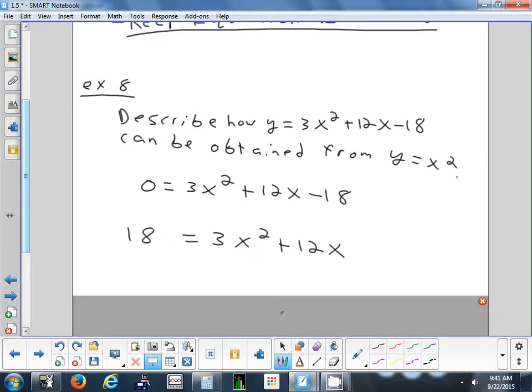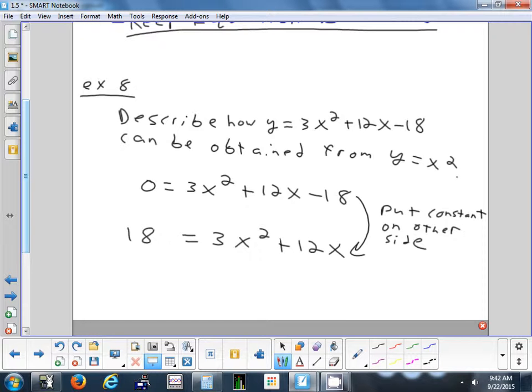This step: put the constant on the other side. Some people just like to write it like that right away. I just tend to put it equal to 0 first, and then I start moving things around, mainly so I can make sure x squared is positive. If you want to do that in your head right away, that's fine.